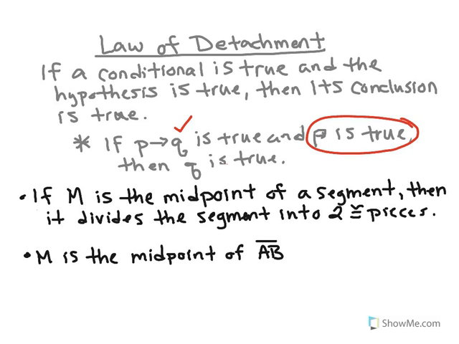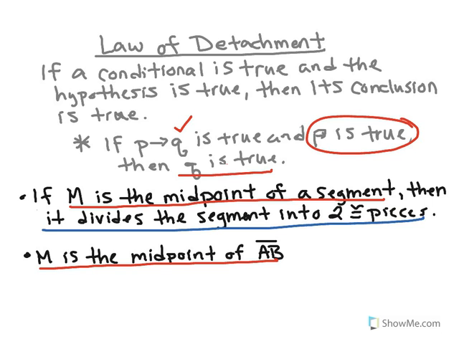The answer to that is yes. This tells me that M is a midpoint of a segment, and the hypothesis says that M has to be a midpoint of a segment. Since I'm given the hypothesis and I know it to be true, then I can determine the conclusion, and that is that Q has to be true, which is whatever conclusion was stated in the conditional statement. In this case, the conclusion would be it divides the segment into two congruent pieces. So that would be my written out conclusion right here in blue. That's how the law of detachment works.